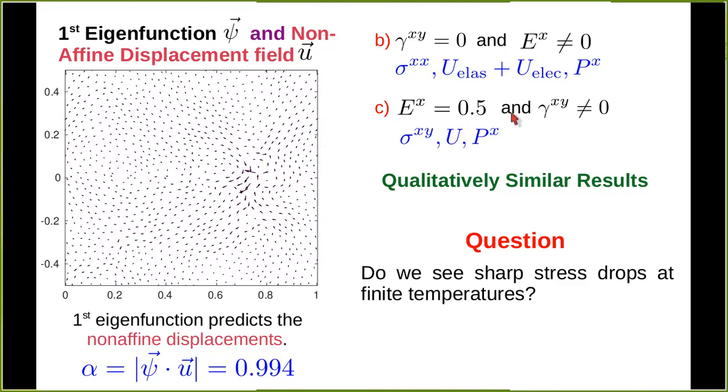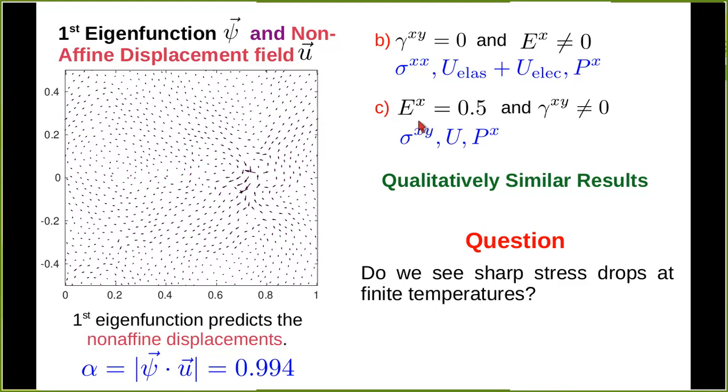Okay. After that, we have studied plastic instabilities in the presence of an external electric field without any external shear. In that case, we looked at the stress component sigma xx, the sum of elastic energy and electrostatic energy, and the x component of polarization. And further, we have studied plastic instabilities at a fixed external electric field Ex equal to 0.5 and with increasing strain.